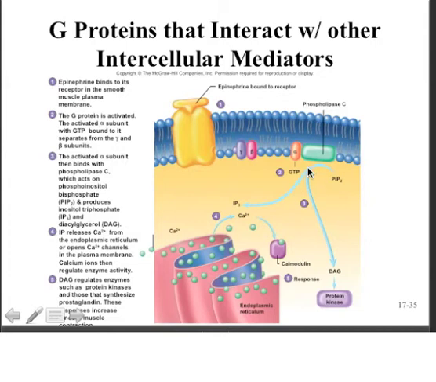PIP is released, inositol phosphate becomes one branch of the second messenger pathway, and the diacylglycerol becomes the second branch. The diacylglycerol activates protein kinases that lead to the activation of intracellular enzymes. The inositol triphosphate causes the release of calcium from the ER. The calcium can bind to calmodulin, and that helps to enhance the response.